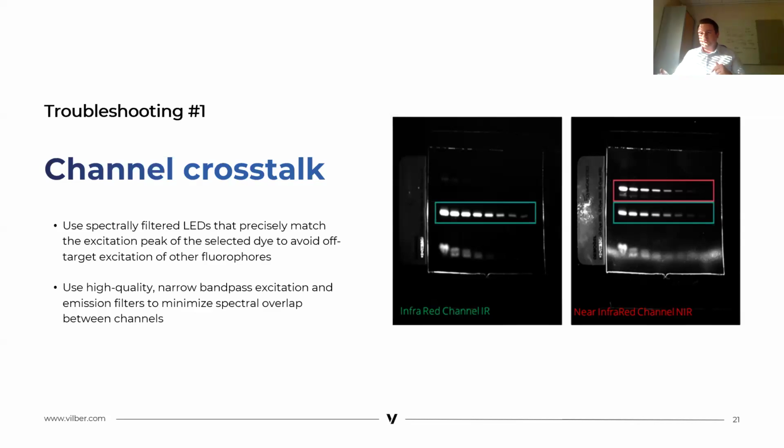You also have to use high quality narrow band pass excitation and emission filters. With this kind of filter and excitation, you will minimize spectral overlap between channels. So it's very important to understand that if you have channel crosstalk, it's due to your imager, it's not due to the dye.